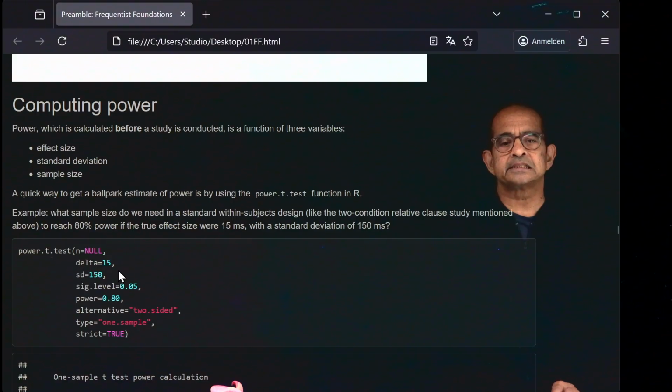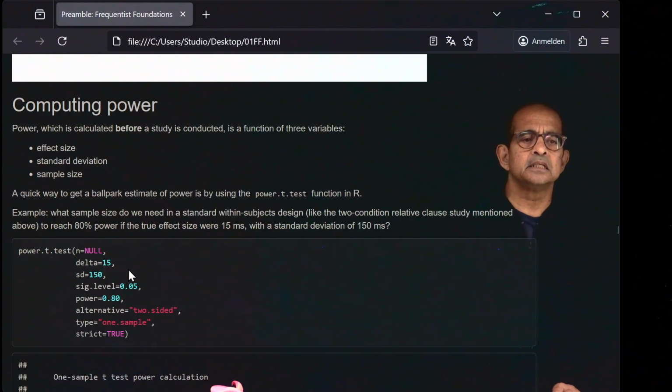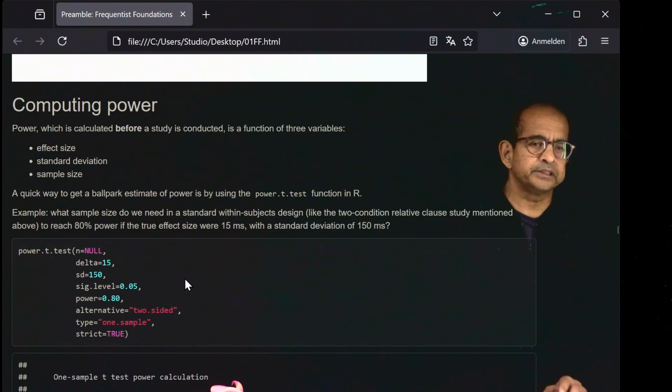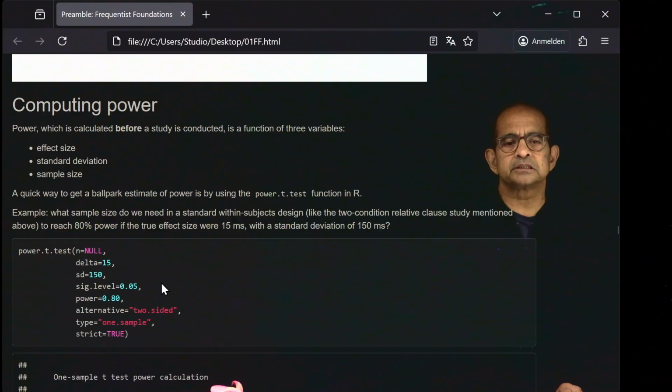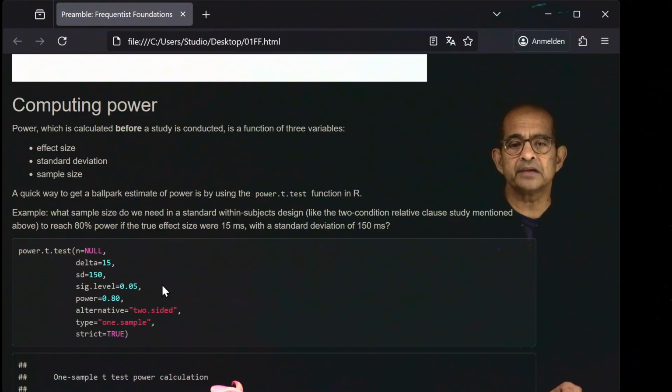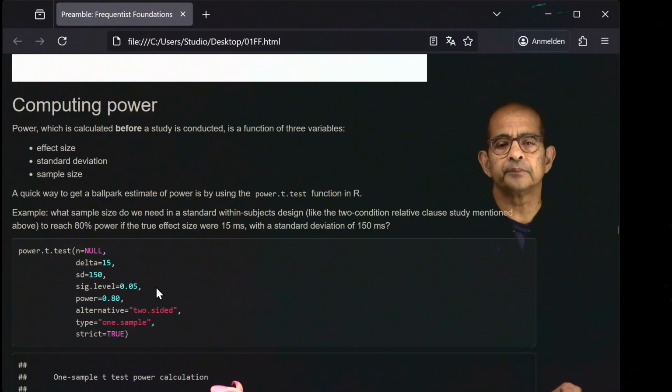I've specified the standard deviation here for my experiment. This is just a ballpark estimate I got from years of experience doing experiments with self-paced reading and eye tracking and so on, so a reasonable estimate for self-paced reading, for example. I set the significance level, that is the alpha level, type 1 error, at 0.05, and power at 0.8.